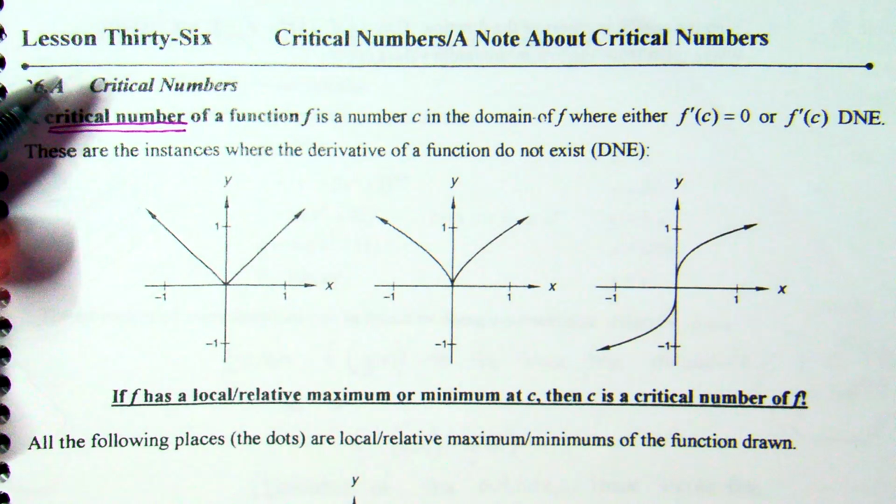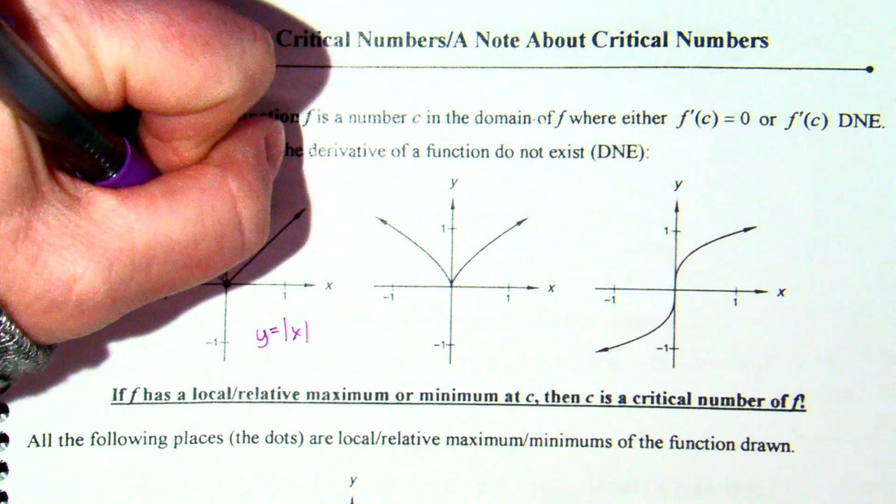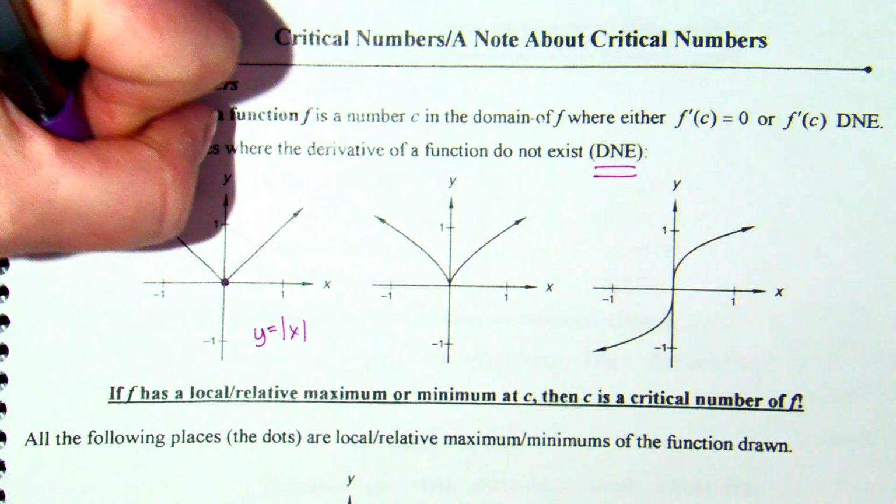And when you think about the absolute value of x, the catch here is right here at x equals 0. At that point of that v, that is a sharp point. And right there, you cannot take the derivative where there is a sharp point. Okay, so that is a situation where the derivative does not exist.